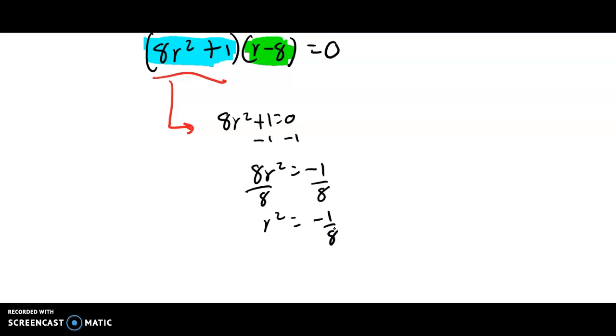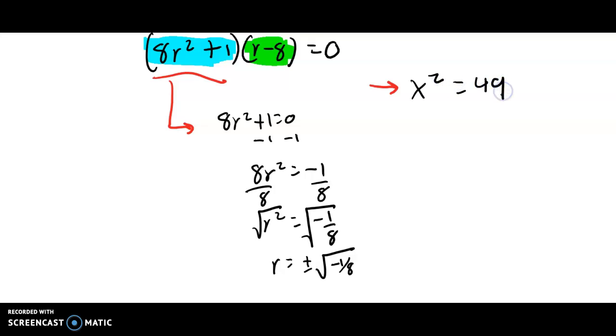To go from r squared to r, we have to take the square root of both sides. When we do this, it cancels the square, and we also get a plus or minus here. So we get a positive and a negative version. Let me show you the reason for this really quick. If I have the equation x squared equals 49, I want to find out what x is.